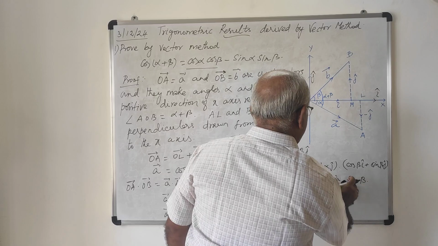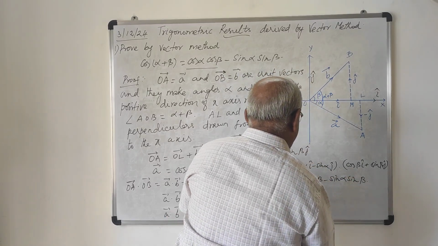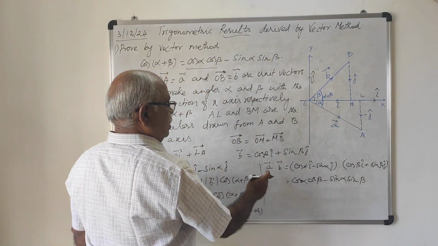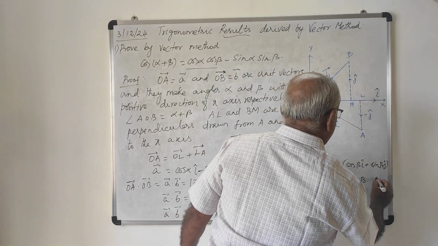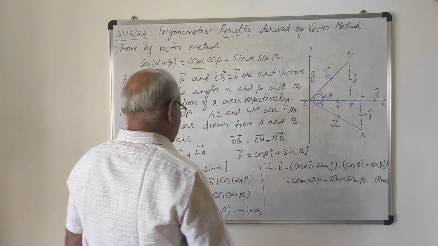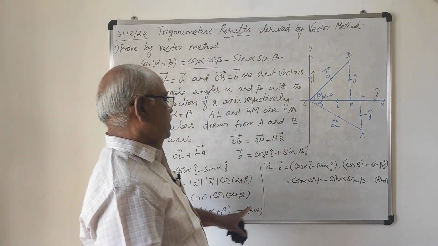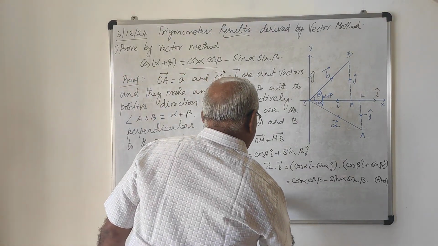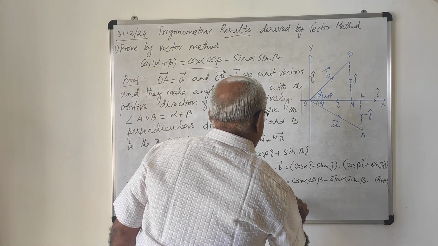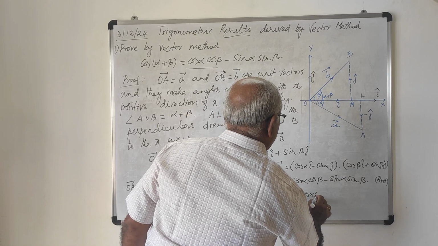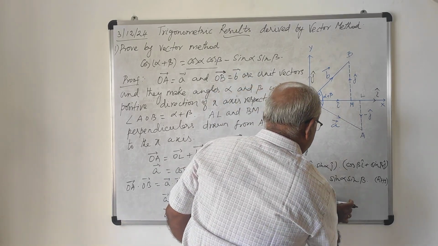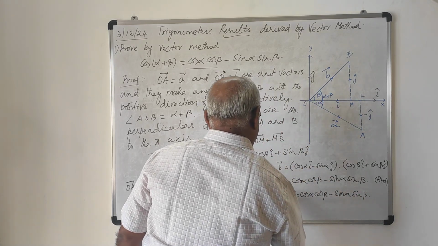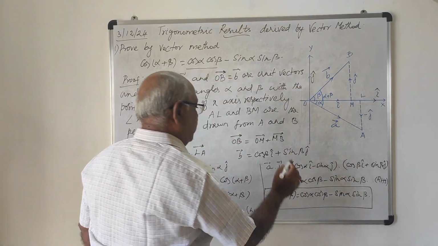This is the right hand side, the same A dot B. So the left hand side A dot B is cos(alpha plus beta), and the right hand side is cos alpha cos beta minus sin alpha sin beta. Therefore cos(alpha plus beta) equals cos alpha cos beta minus sin alpha sin beta.